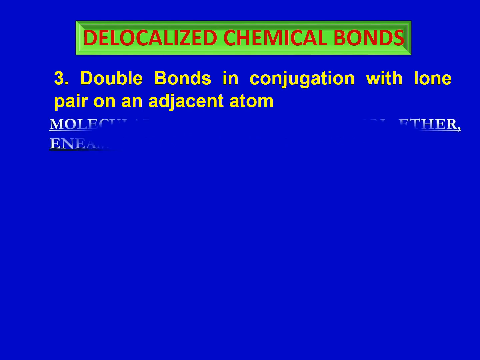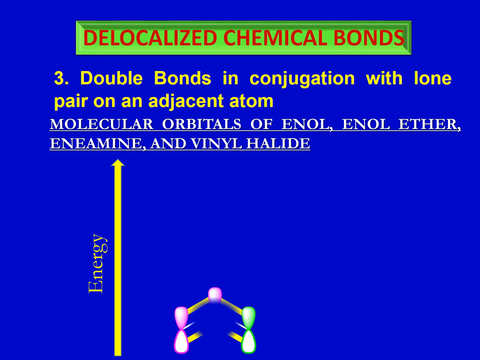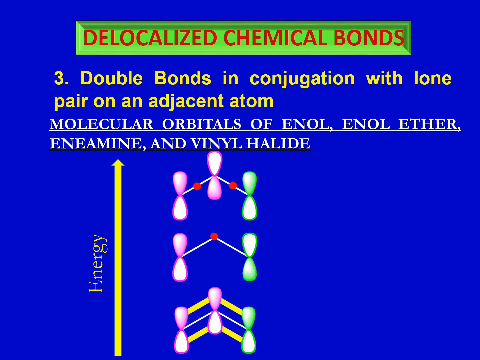So let's see their molecular orbitals. Again, we have the two orbitals of the pi bond and another orbital that has the lone pair. So we have three orbitals, and as a result, three molecular orbitals would be formed again. So we have to fill in the electrons now. So how many electrons are there?